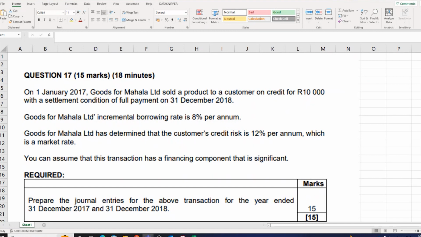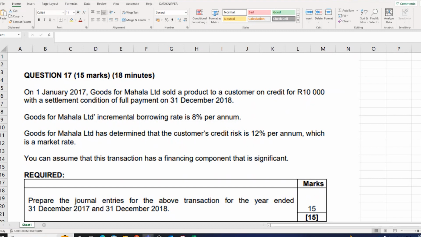Sometimes the question will explicitly state that you have a significant financing component, as they have done in this case. So you need to make an adjustment for time value of money. So how does that work?